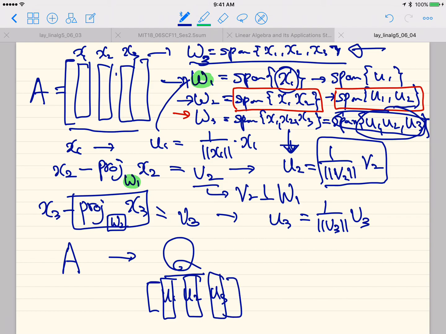This is our Q. And what we want to do in this QR factorization is make A equal to Q times something.